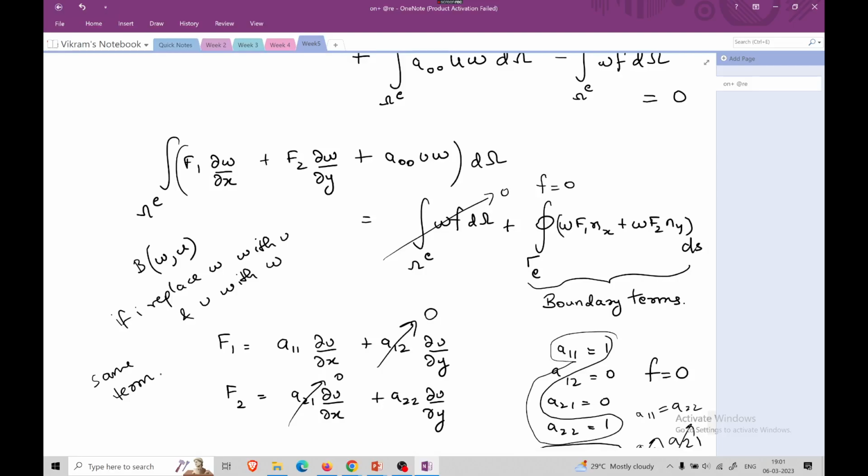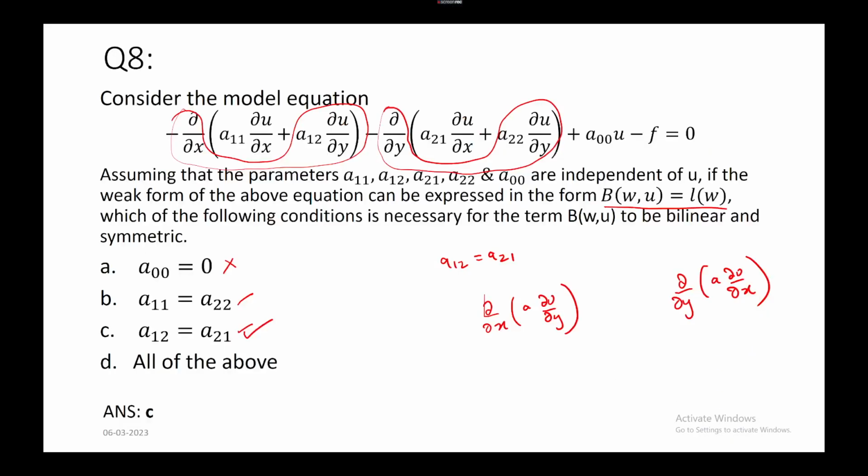So bilinear in the sense it will have terms of both w and u in the same first order, and then if I replace w by u and u by w, I'm going to get the same term. So answer is C. Any doubt in this?